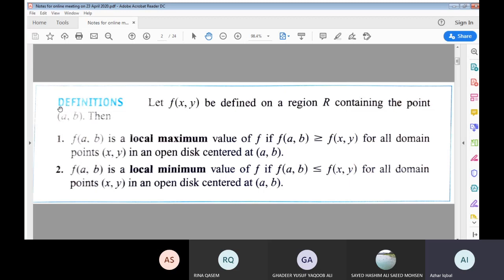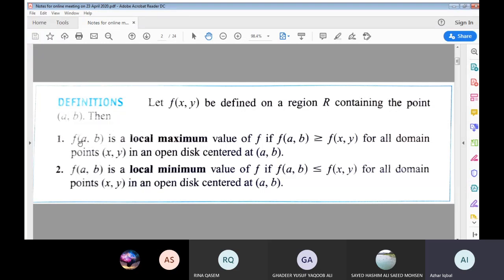You can consider the function to be a surface in 3 dimensions, and this is a point in the xy plane. The region on which this function is defined contains the point (a, b).